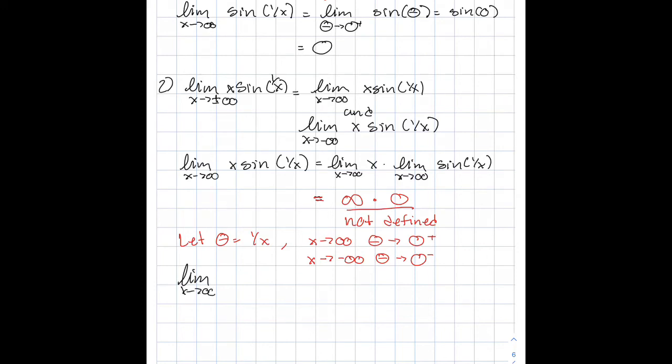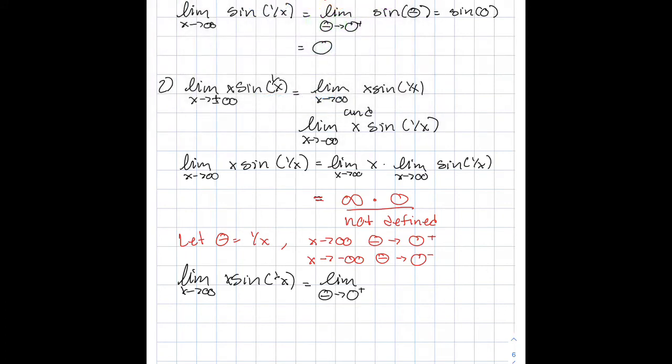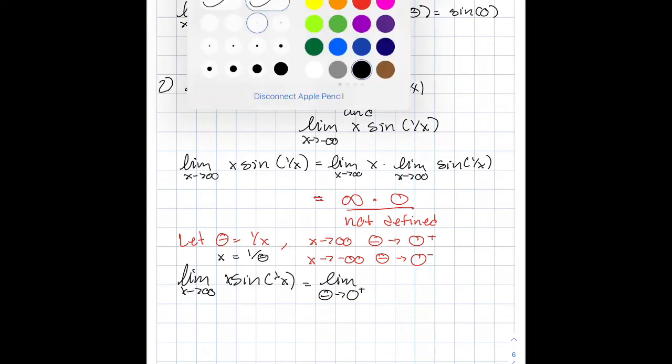The limit as x goes to infinity of x times sine of 1 over x equals the limit as theta goes to 0 from the right-hand side of... x is the same as 1 over theta, because we defined theta to be 1 over x.